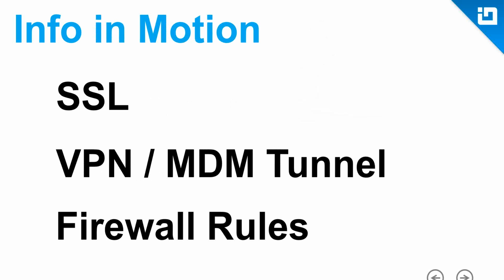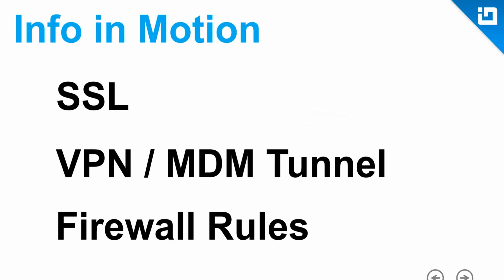Next, we'll talk about information in motion. So data in motion, this is very straightforward. When it comes to any type of communication layer, you're always going to want to make sure that you're using secure sockets, right? You're using SSL.